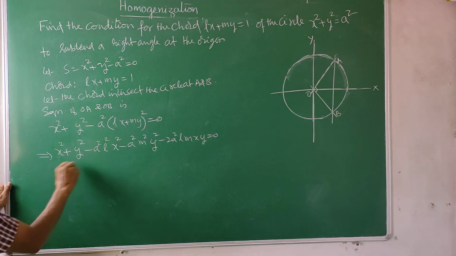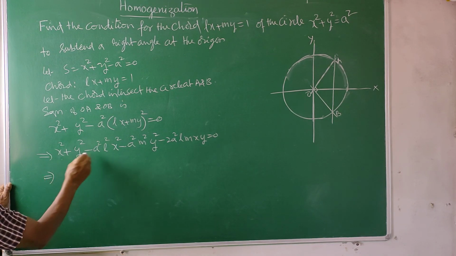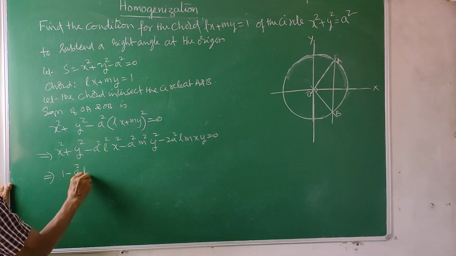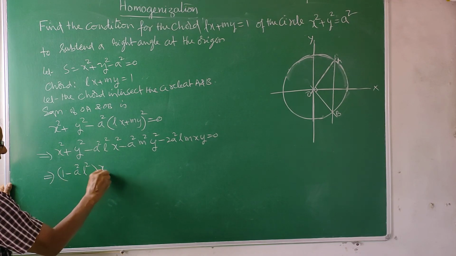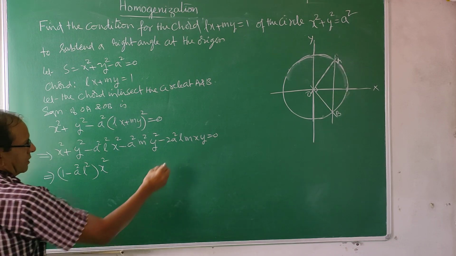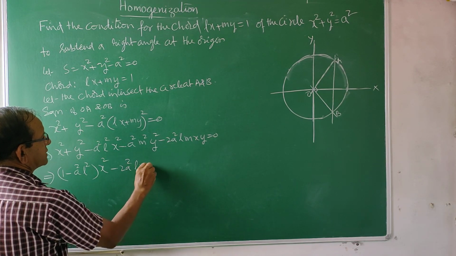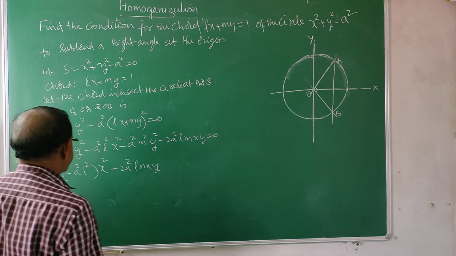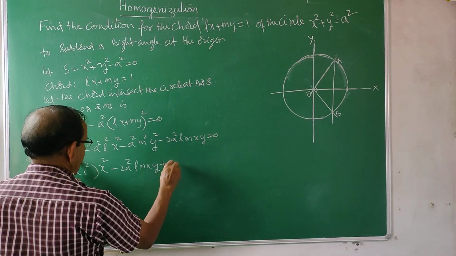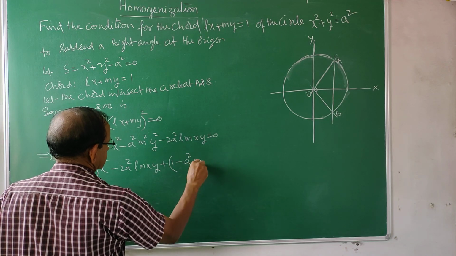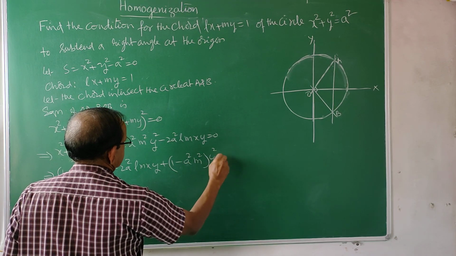Now write the x square terms at one place: x square minus a square L square x square, that is 1 minus a square L square into x square, minus 2 a square L m xy, next the y square terms, plus 1 minus a square m square into y square is equal to 0.